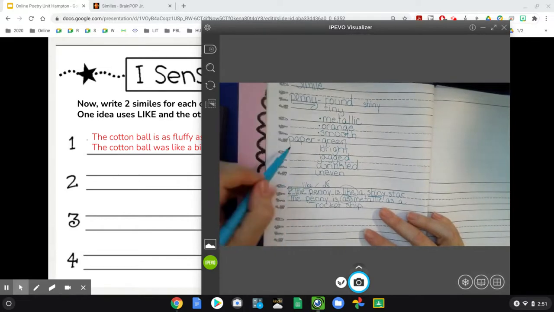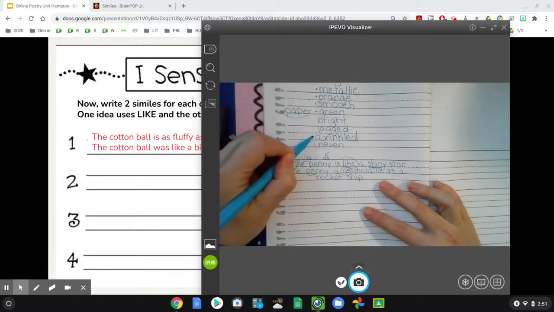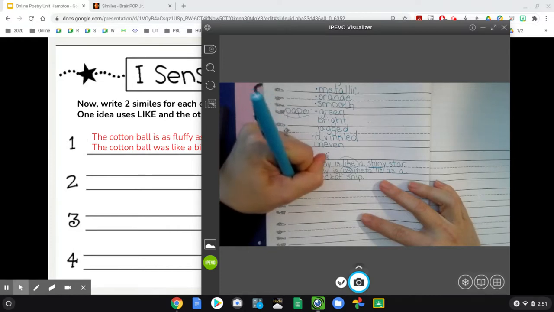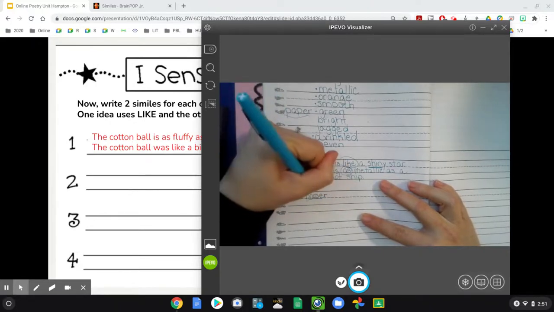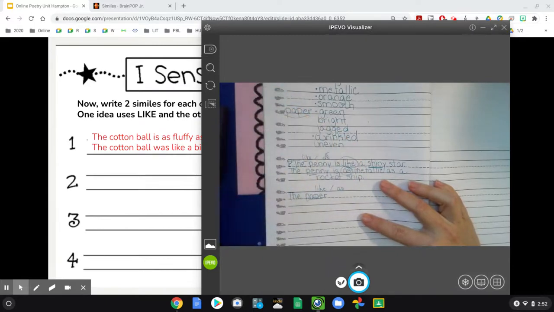Okay, next I'm going to do the same thing here. And I might use wrinkled. Okay, so the paper, and I'm going to do the same thing. So I have my noun, and I'm going to use my like comparison simile first, and I will use my as comparison simile second.